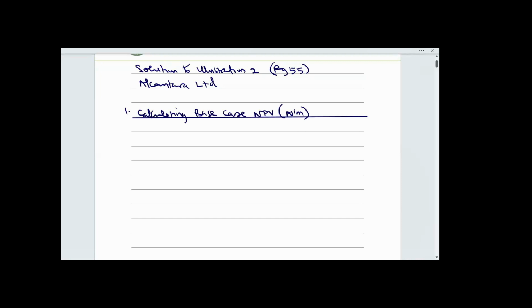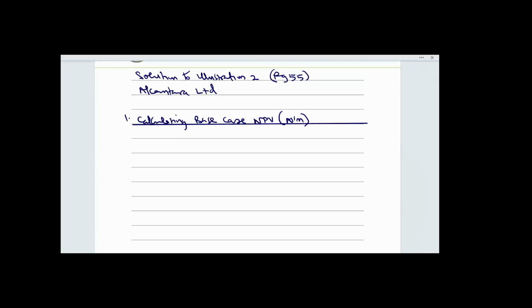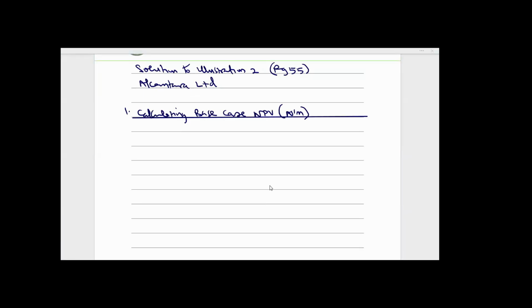According to the question, tax is payable in the same year as when the profits are earned. So there is no need to extend. I will then do year 0, year 1, year 2, year 3, year 4, then an additional column for workings.